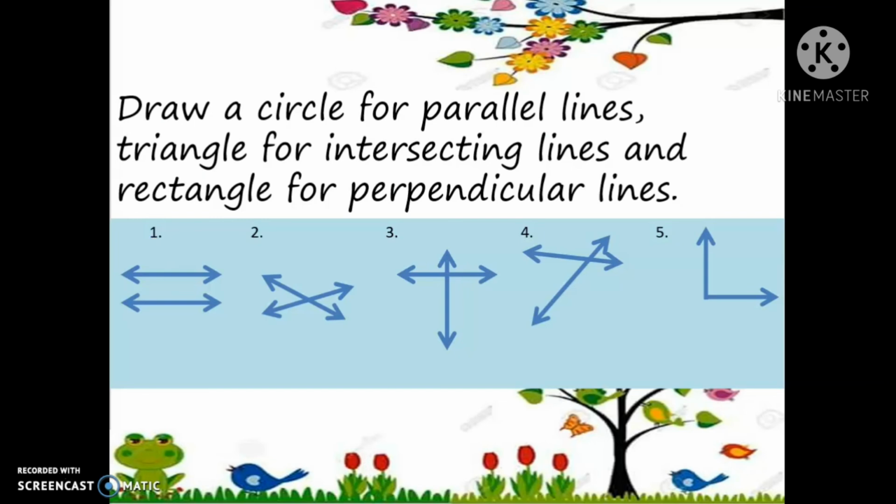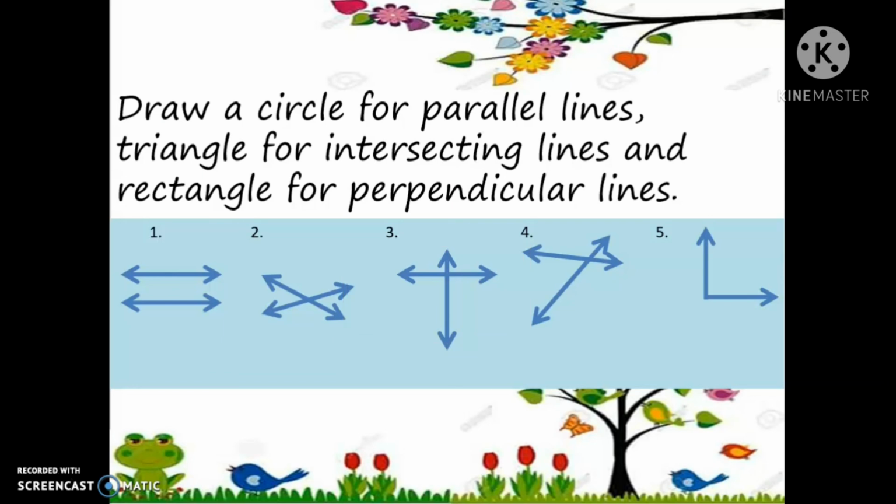How about number 2? The answer is triangle. It is intersecting lines. How about number 3? The answer is rectangle. It is perpendicular lines.